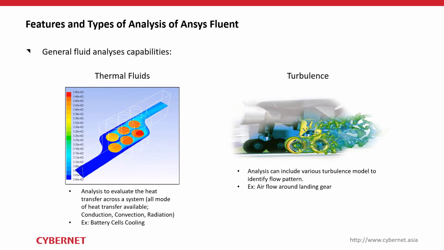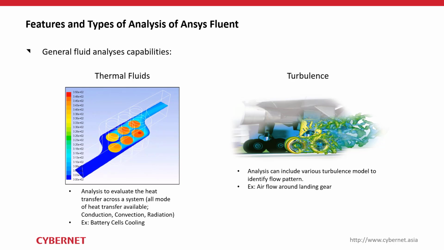So yeah, let's go through some of the features and also types of analysis inside Ansys Fluent. First one here, we have the general fluid analysis capability, the thermal fluids analysis. Essentially, the analysis to evaluate the heat transfer across a system. Inside Ansys Fluent, all heat transfer modes are available to choose from.